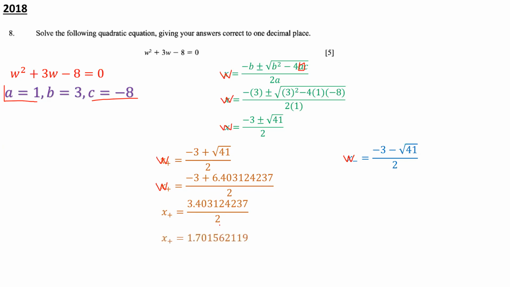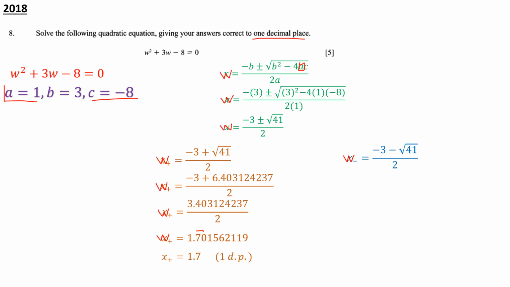And then when we divide that, we get 1.701562119. Now they did say write our answer correct to 1 decimal place. And so that means that our answer correct to 1 decimal place needs to be 1.7.